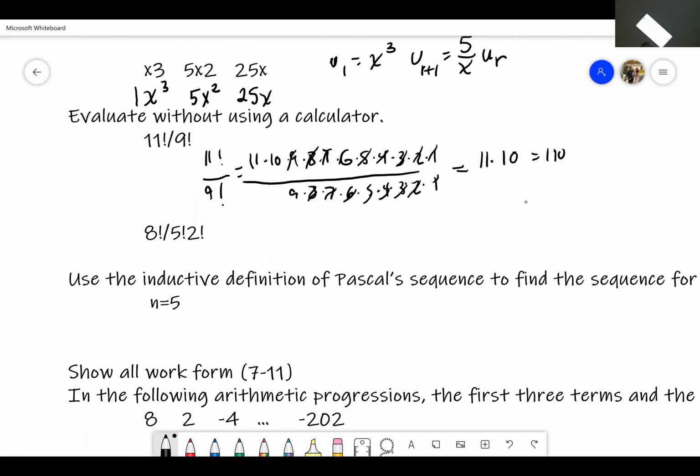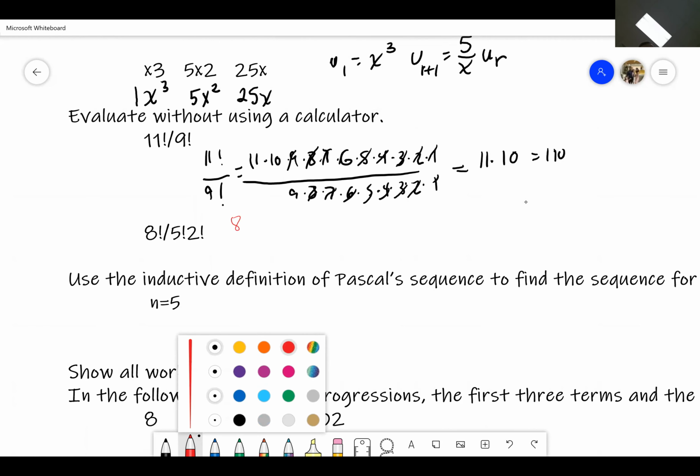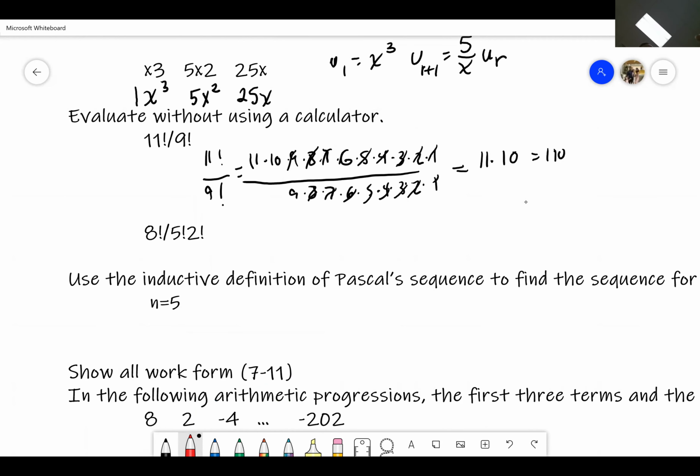All right, let's do the next one. 8 factorial. I want to do it in red. 8 factorial divided by 5 factorial times 2 factorial. I believe that's how it's going to look. So how do we do this?